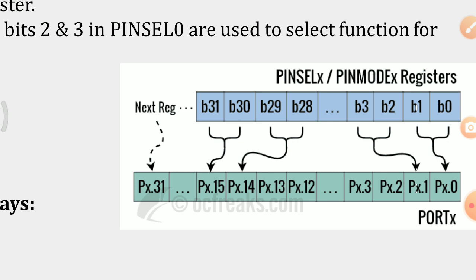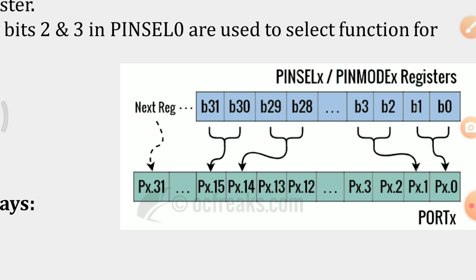To configure port 0.0 for any of the 4 functions, bit 0 and bit 1 from pin select 0 are used. Above, PX.0 to PX.15, a total of 16 pins, are implemented in the 32 bits of pin select 0.